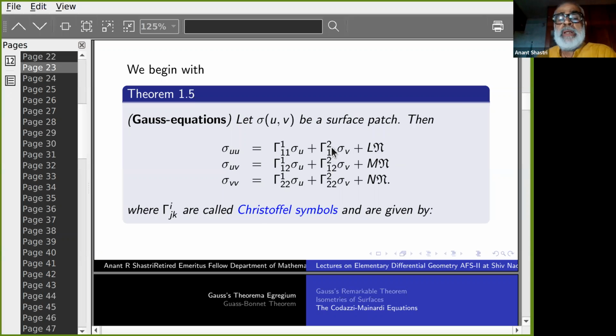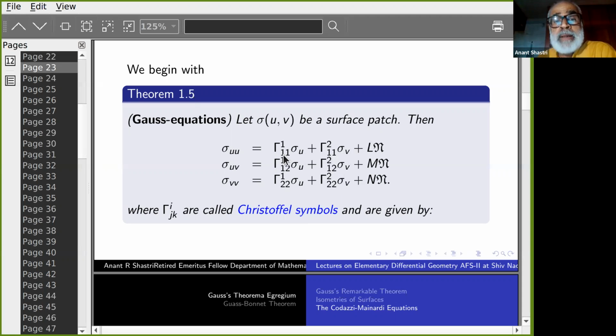Let's call the coefficients gamma 1 1 1, gamma 2 1 1, and so on, depending on sigma uu, sigma uv. The last coefficient has to be L by the very definition of L. Remember, it is sigma uu dot n. You dot this with n, and what you get is L, and n dot sigma v, n dot sigma u are 0. Therefore, you have these equations.